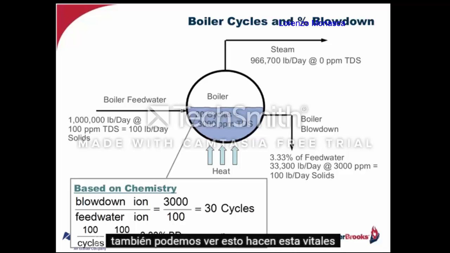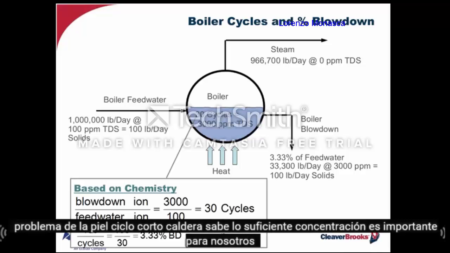We can also look at this cycles calculation another way and just take 3,000, or whatever I want my boiler water concentration to be, and then divide by the TDS in the feed water, and that gives me my cycles as well. These are cycles of concentration. I call them boiler cycles in short.